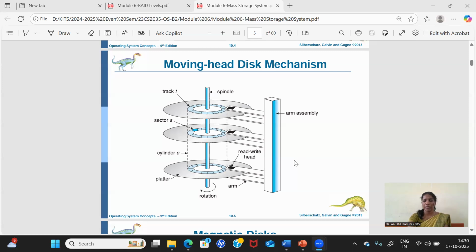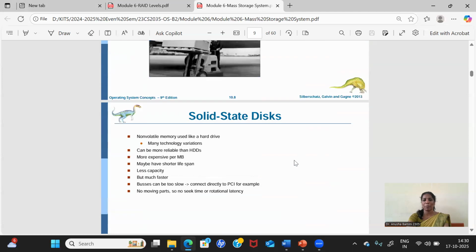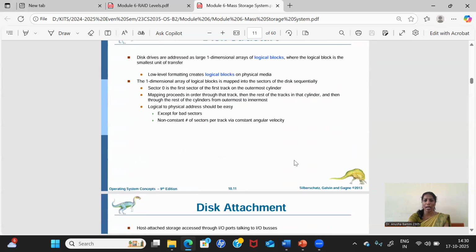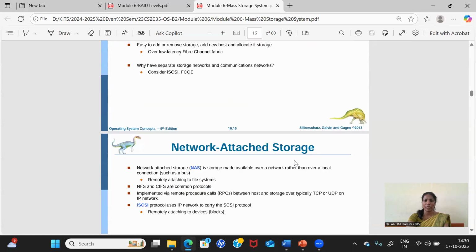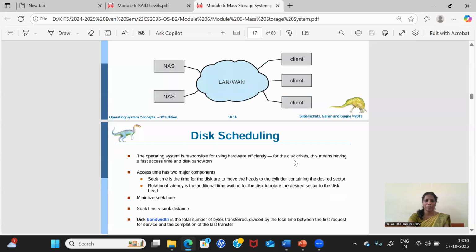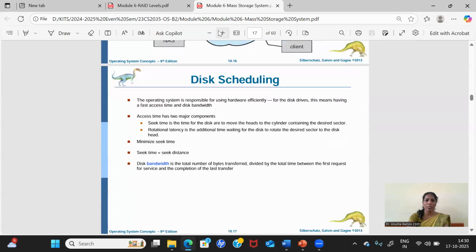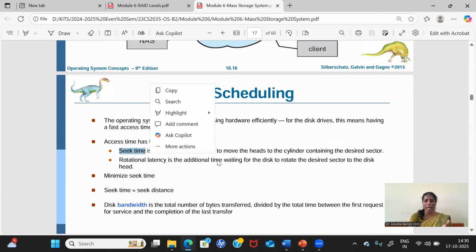Disk scheduling is a problem-based concept. Before learning it, you have to know the basic terms used in disk scheduling. These are the terms: seek time and rotational latency, which fall under access time.